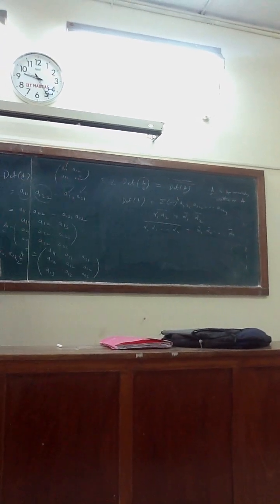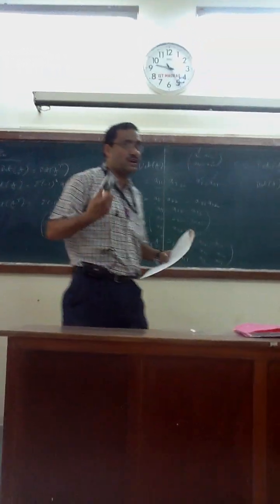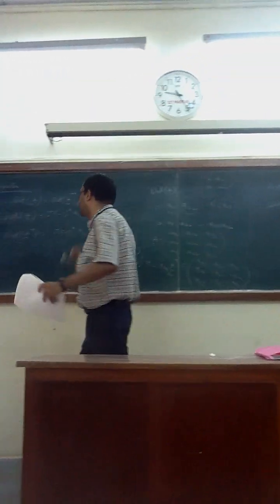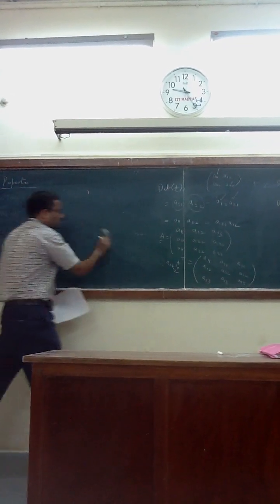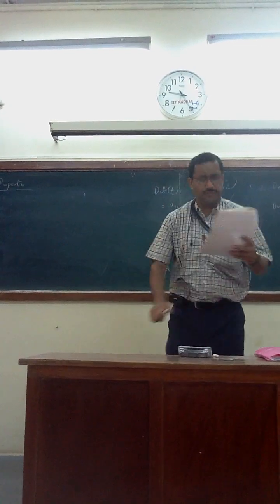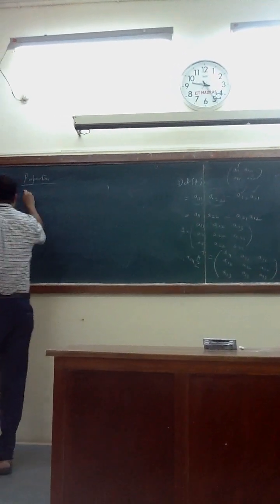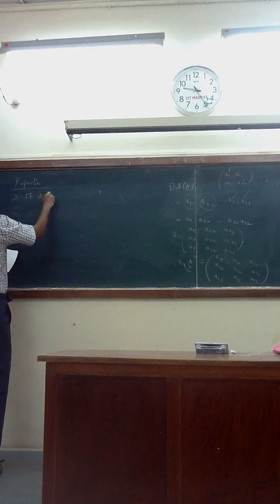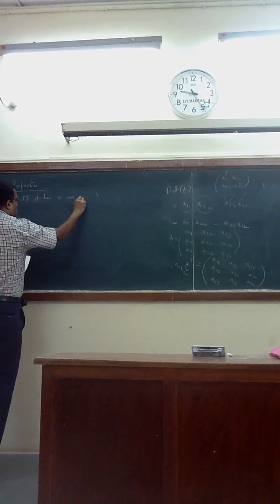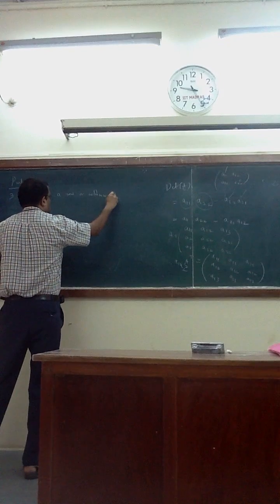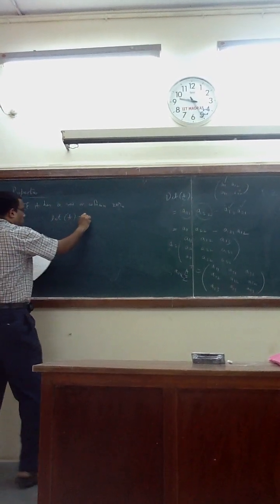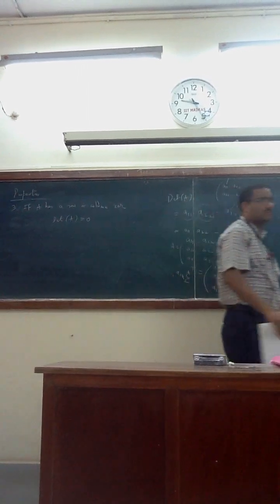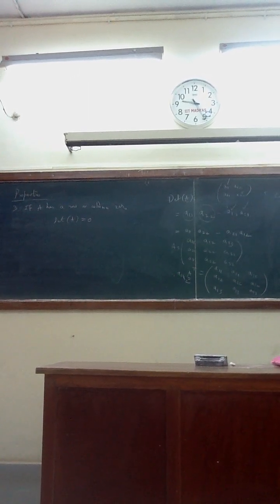Very interesting property. Third property: if A has a row or column 0, determinant of A equals 0. You may have seen this kind of thing before, but this is a different way of proving it.